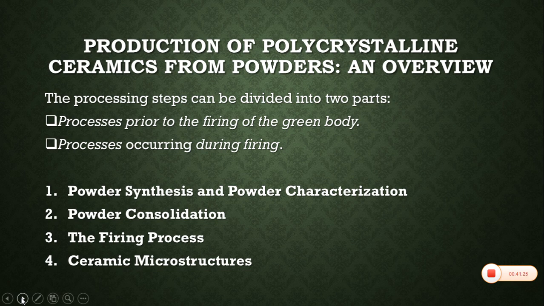If the temperature is less than that range, the phase will not develop, and if the temperature is greater than that range, the developed phase will decompose. So the temperature should be controlled in order to have the desired end product with desired properties.